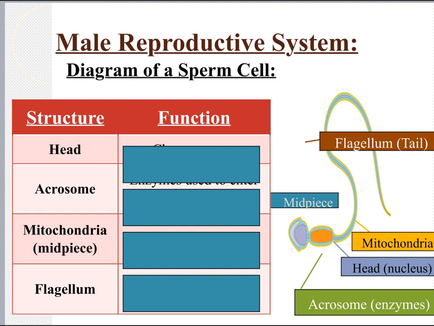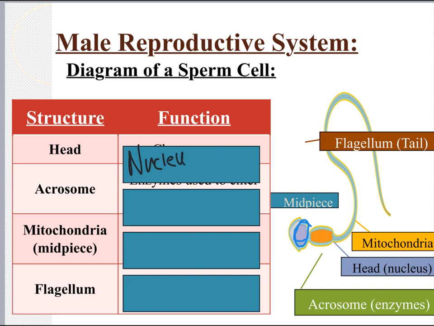So here is the picture. It's a little distorted, but it'll look better in your note packet. This part right here is the head, which has the nucleus. Let me change that to a different color. Blue on blue probably doesn't work very well.